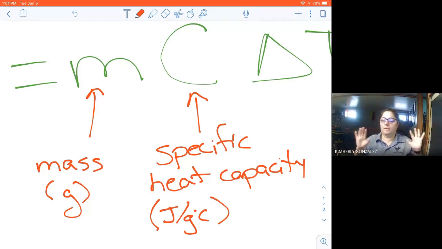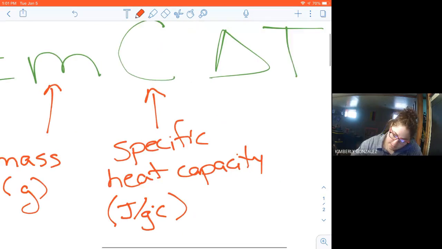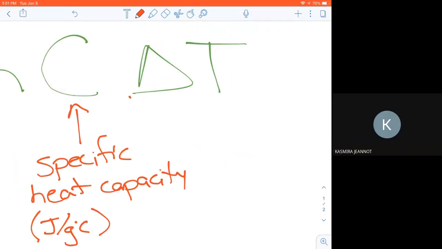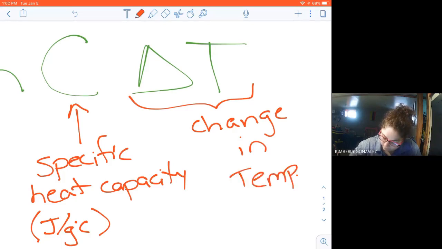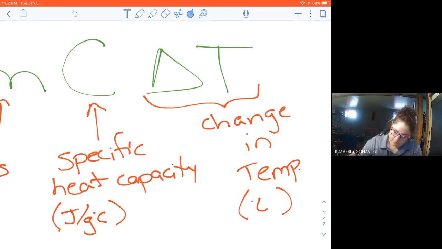It can be joules per gram Kelvin as well. It is joules over grams times degrees Celsius, but you can write it like that, so that the units will cancel.